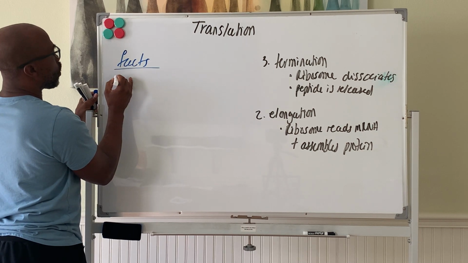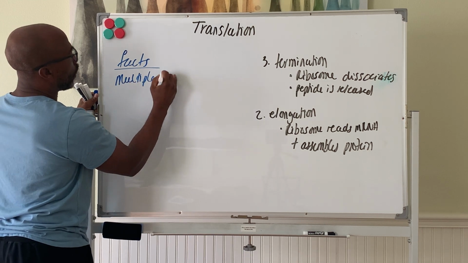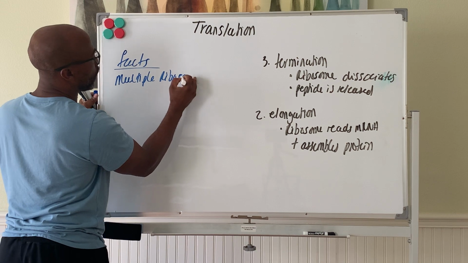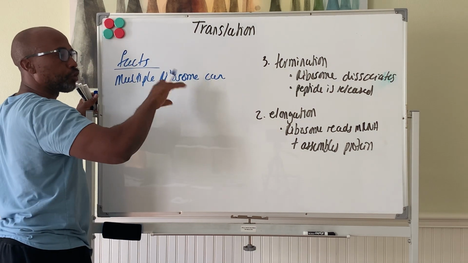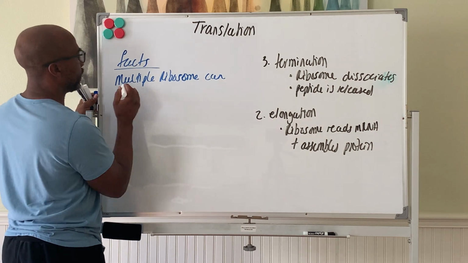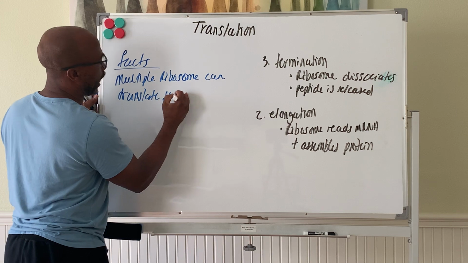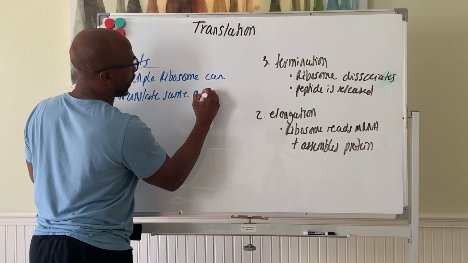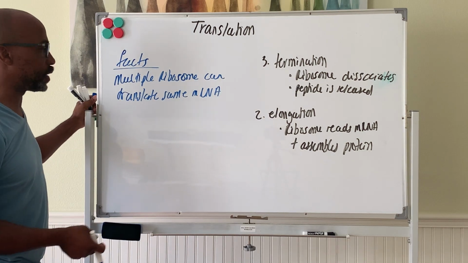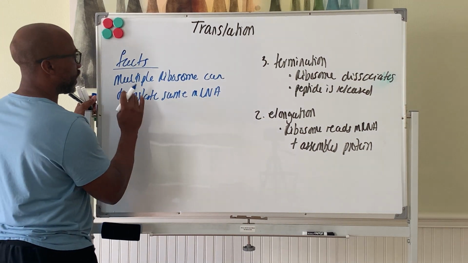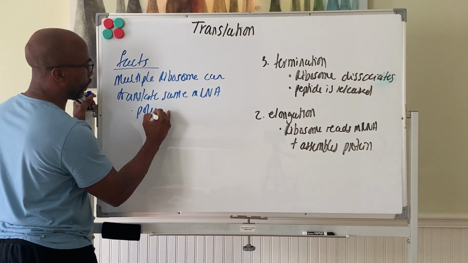One, multiple ribosomes can follow each other to translate the same mRNA, again, to make many copies quickly of a protein. When they're in that arrangement, it's called a polyribosome.